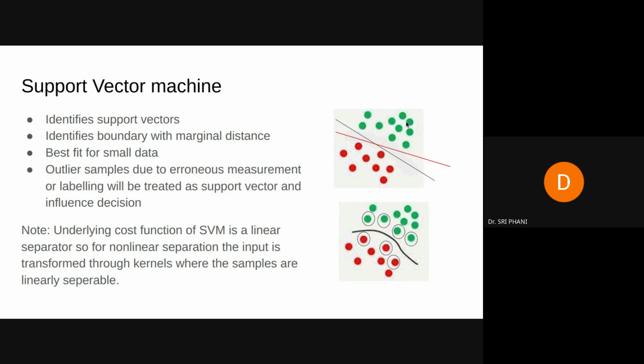Even if, out of say 1,000 samples, 900 odd are away from the boundary, but only 100 samples are closer to the boundary, the boundary will be influenced by the 100 samples which are closer to it. Okay, because you will not consider the pattern from the farther samples. You will be considering the pattern from the samples closer to the boundary.